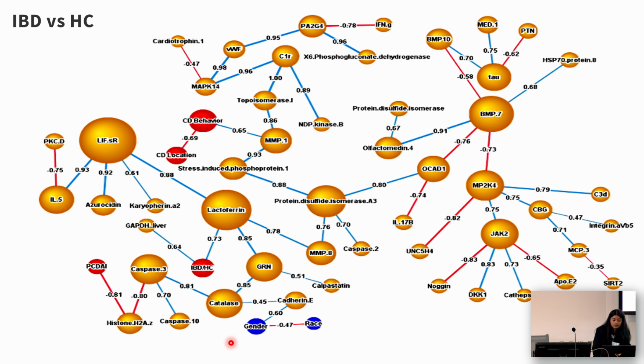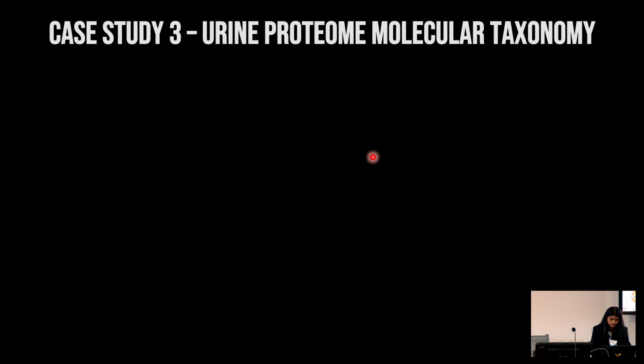I see there's not much significance, but there is correlation with certain proteins that we see. So this is the kind of analysis that's done, and that's about IBD and CRC, about whether we can predict IBD and CRC from stool.